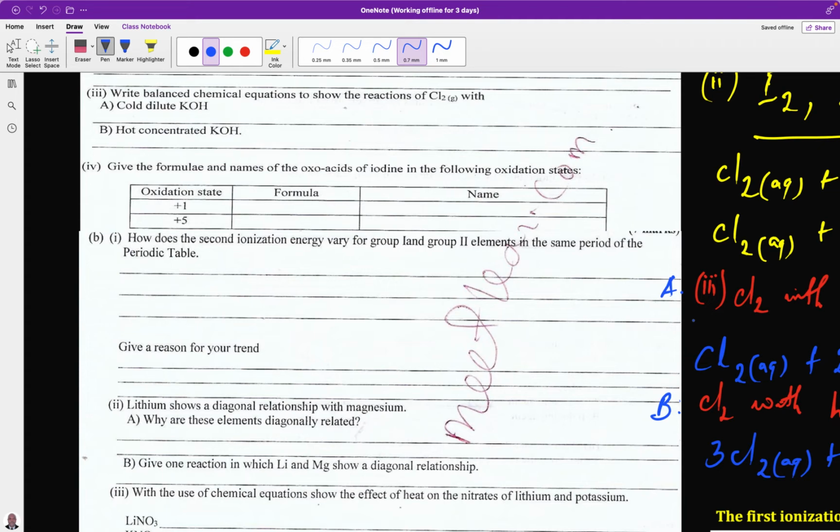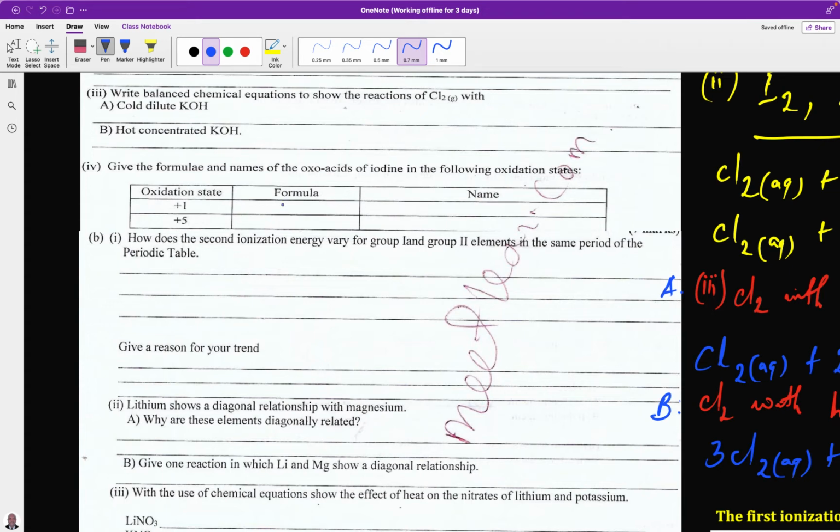For +1, we will have this as a hypoiodous acid. If it is chlorine, we'll call it hypochlorous. If it is bromine, we'll call it hypobromous. So it is hypoiodous for +1.